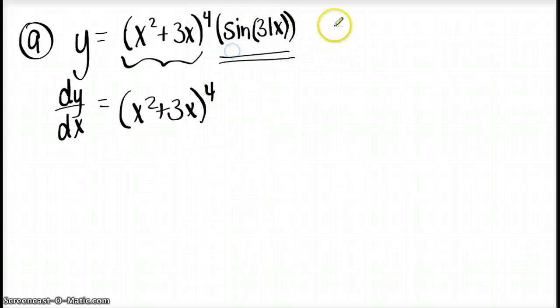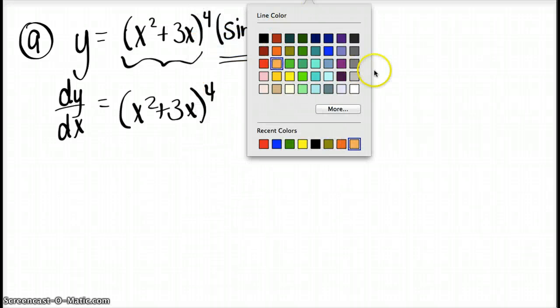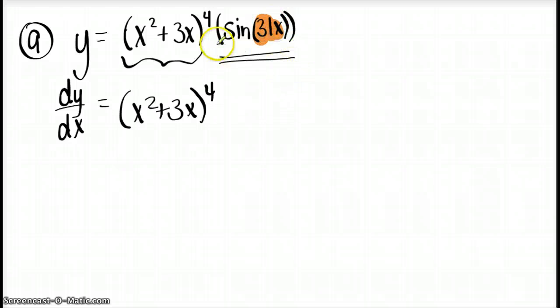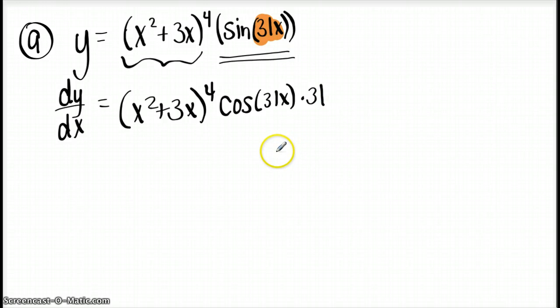Which part am I ignoring first? The 31x, because the sine of x, the sine is the outside piece. Does that make sense? All right, so let's do it. What's the derivative of sine? So cosine of 31x times 31. Would that all be in one parenthesis? Do I need it in parentheses?